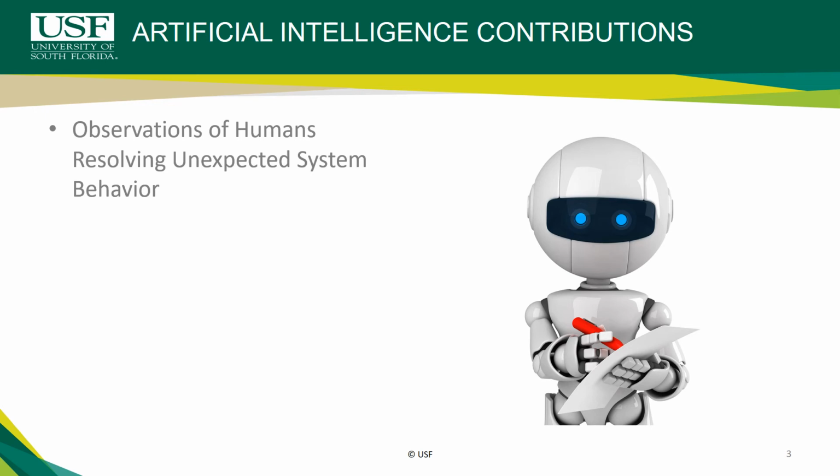So our artificial intelligence projects, our artificial intelligence contributions to robotics process automation to make it intelligent process automation, rely on these observations we have collected, that we have documented, of how we humans resolve the unexpected system behavior.